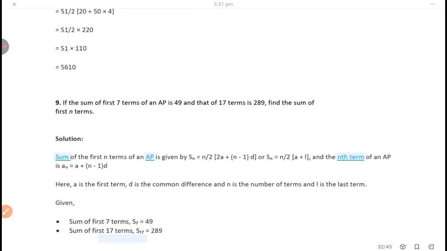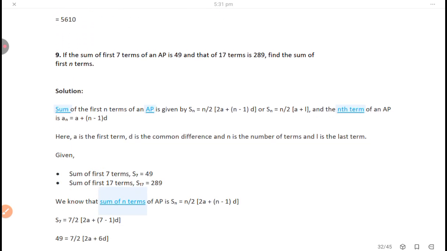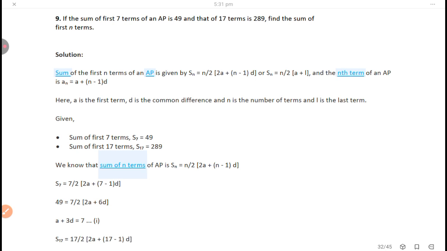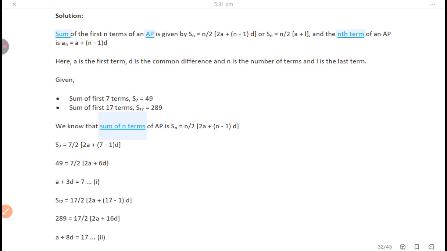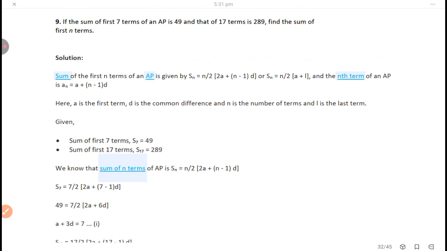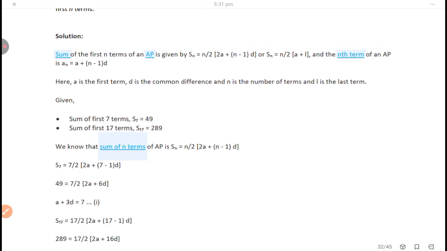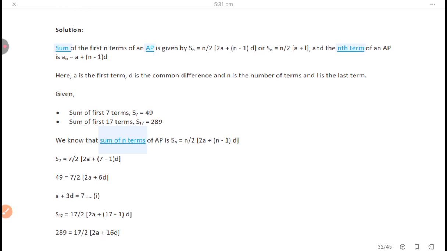If the sum of 7 terms of an AP is 49 and that of 17 terms is 289, find the sum of the first 10 terms. So S7 is 49 and S17 is 289.